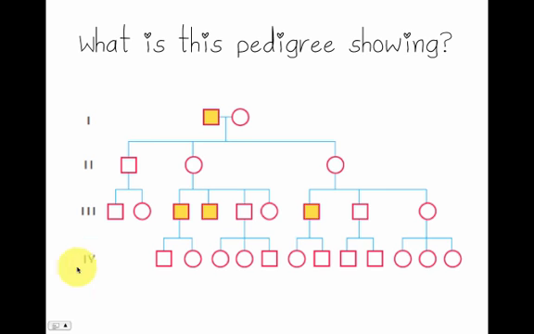Okay, so hopefully you've seen there are 1, 2, 3, 4 males affected by this condition and no females in this case. And it's also skipped some generations. So I'm going to say that this condition must be recessive, and because it hasn't affected any females, I'm going to say it's X-linked. So well done if you got that right.